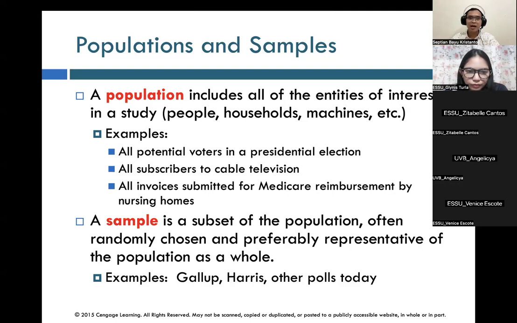For example, if you conduct a census in the Philippines, your population is all of the people in the Philippines, and your specific sample may be only one province, like Eastern Samar, or the people in your university. So that is the difference between a population and a sample. The sample is a micro unit of the population.